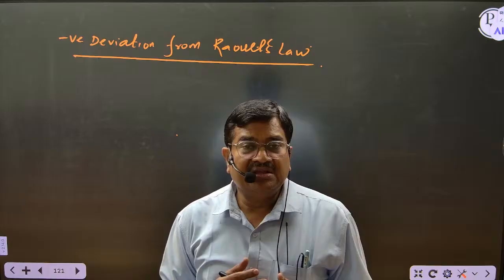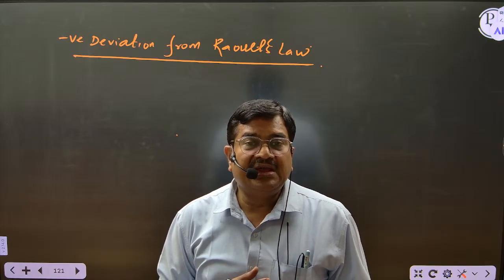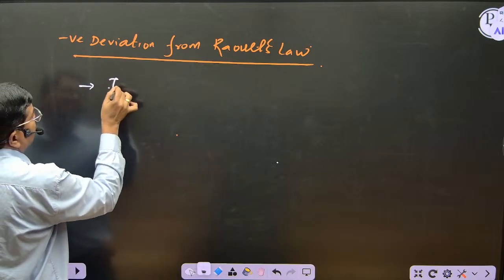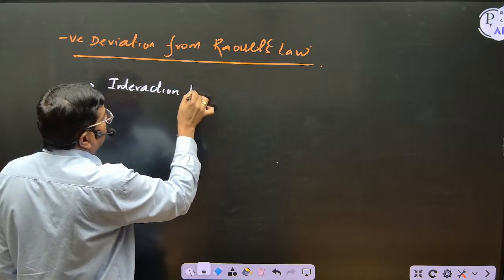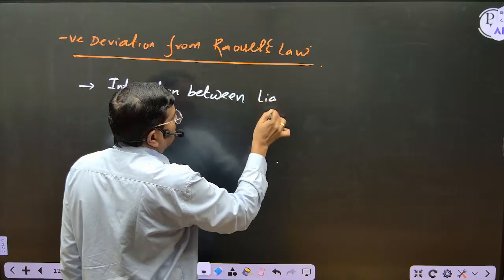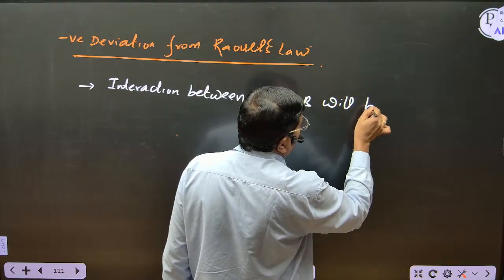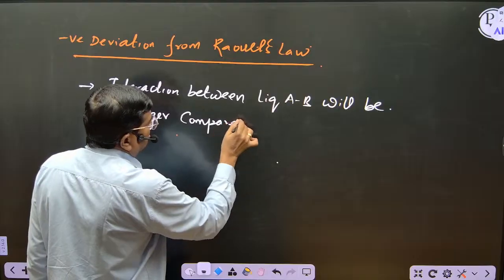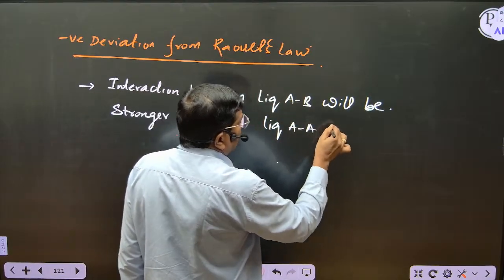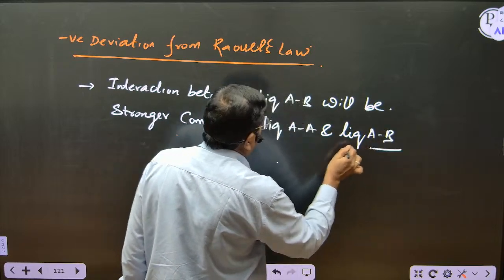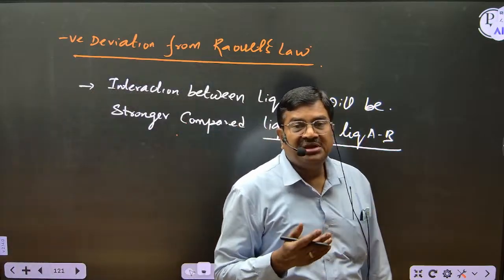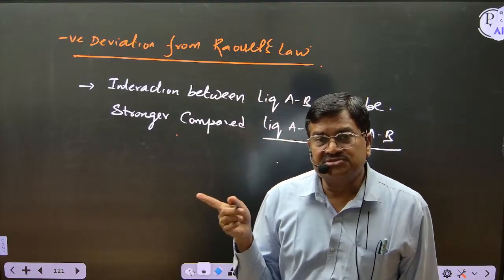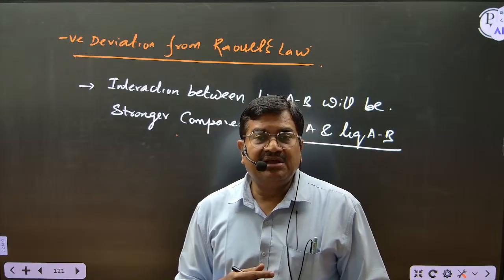The AB interaction is stronger compared to pure liquid A and pure liquid B. Whereas in positive deviation, for those who are revising, after mixing A with B the AB interaction got weaker, we learned.